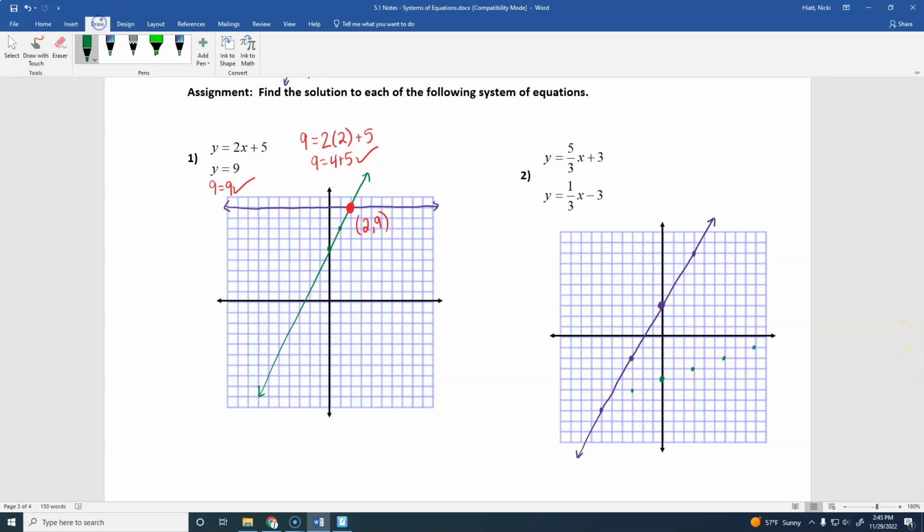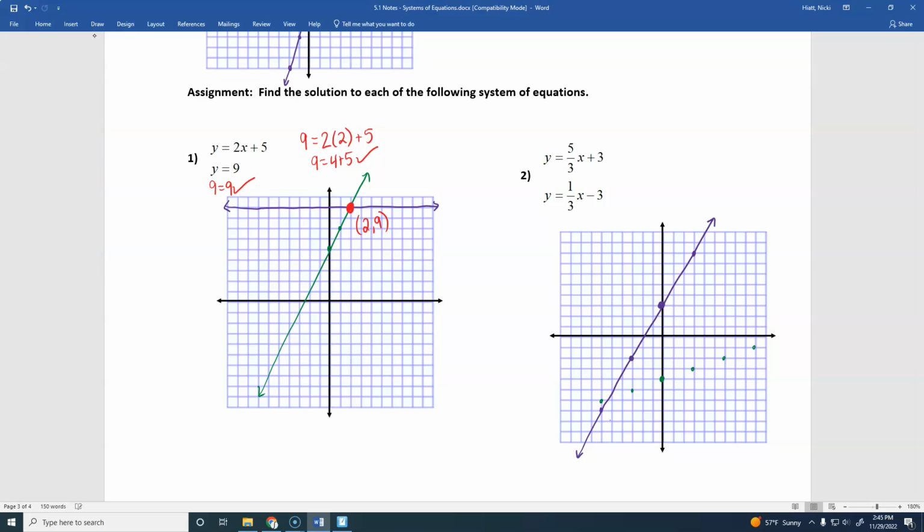All right, so here is, I probably put this here on purpose, I think. Here is a major drawback of graphing. Right? I've graphed this, I've graphed it beautifully. Can you tell what the answer is? It didn't hit on grid lines, right? It didn't hit where they cross perfectly on grid lines.